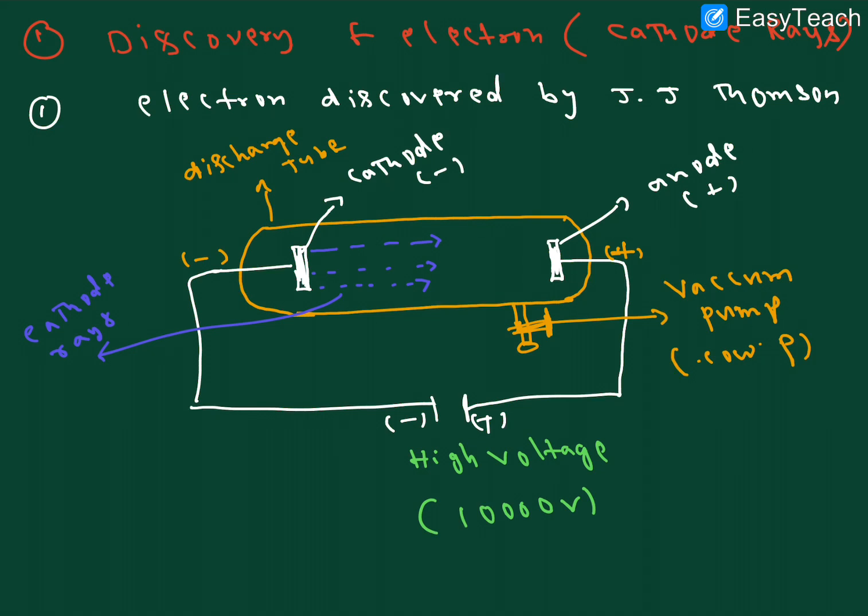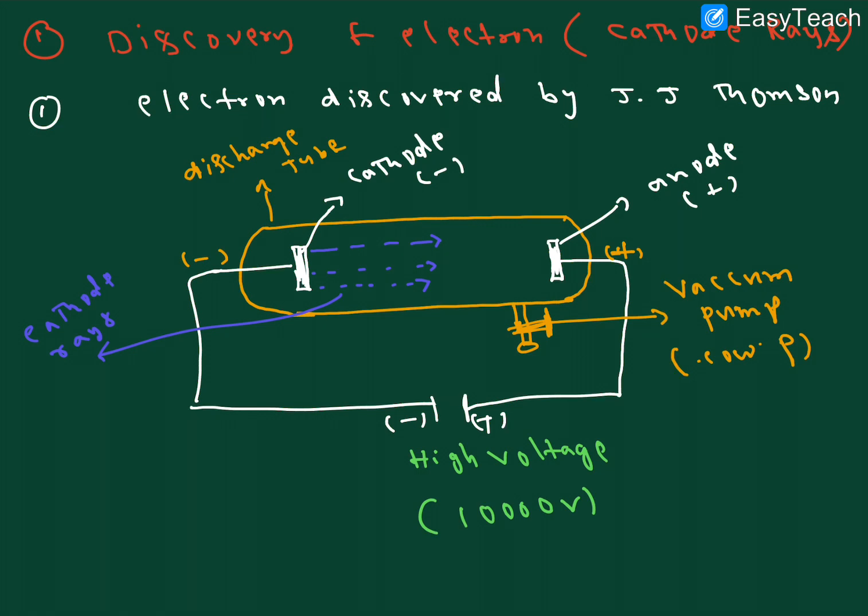So we take a discharge tube, fix the vacuum to maintain low pressure, and take two electrodes in the discharge tube. One end is the cathode, the other end is the anode. The anode is positive and the cathode is negative, and we apply the electricity.